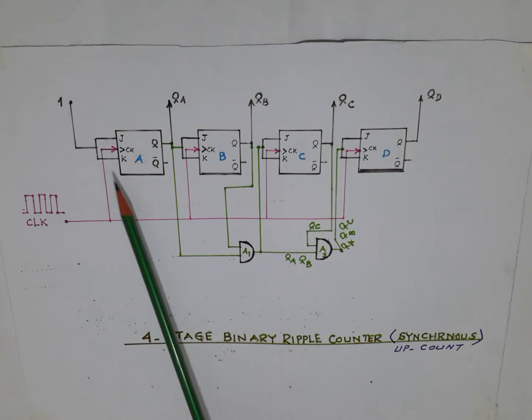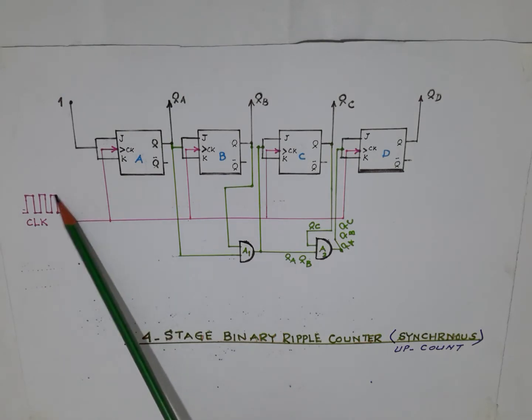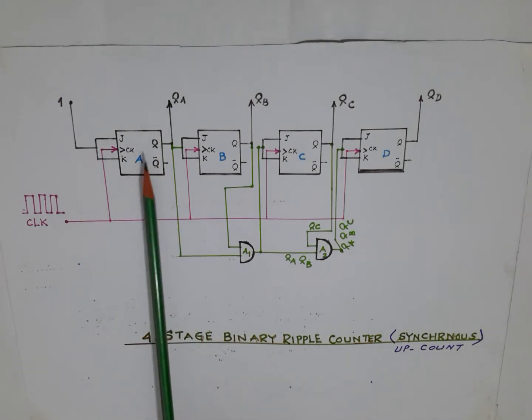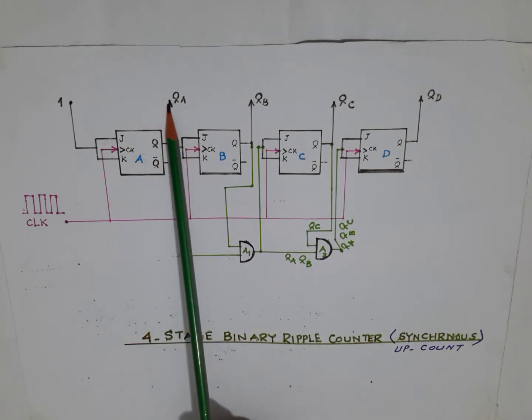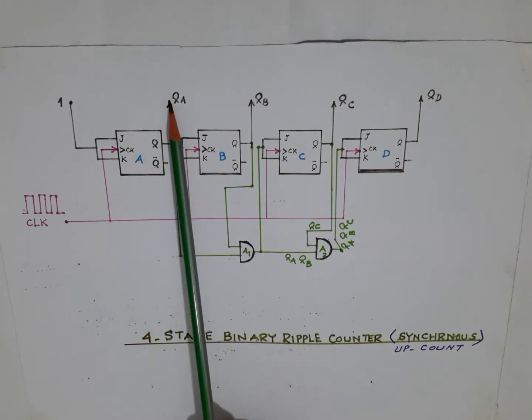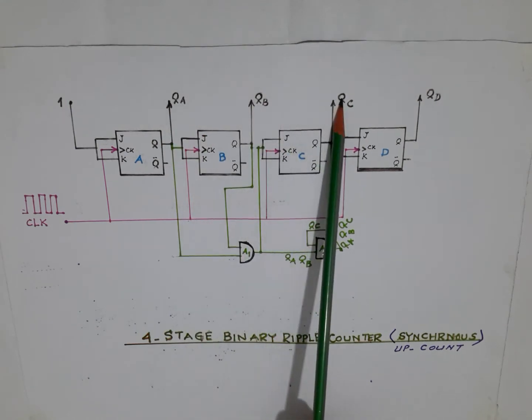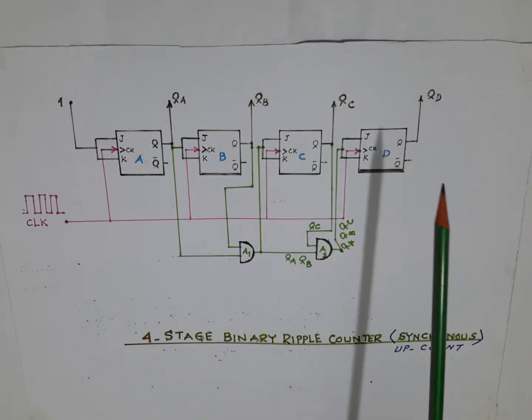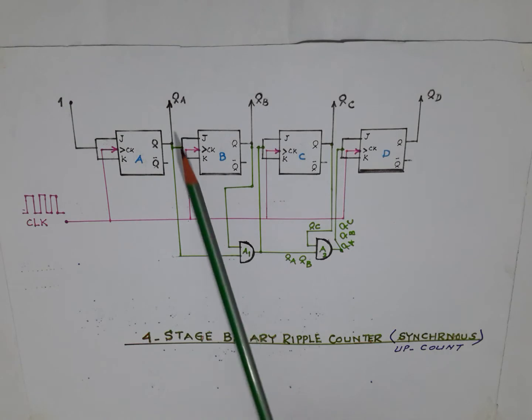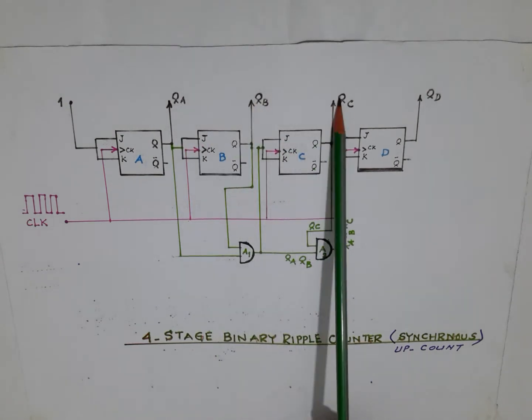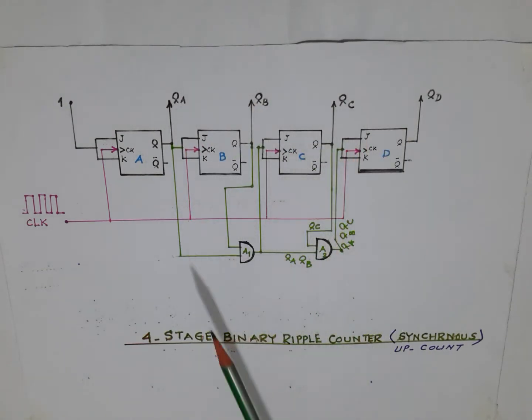With the first pulse falling, QA toggles, the output rises from 0 to 1, and it is 1 0 0 0, or if you have connected lamps, QA will light, B, C, D will remain off.